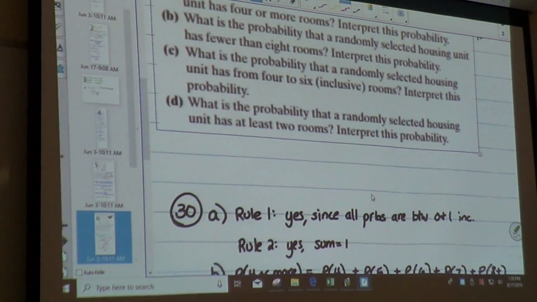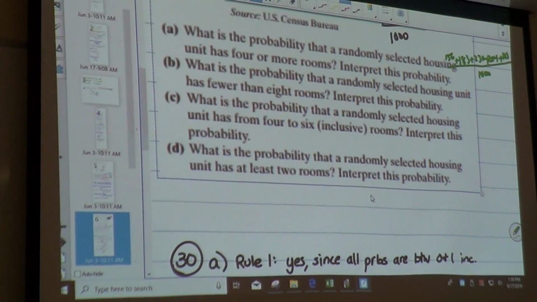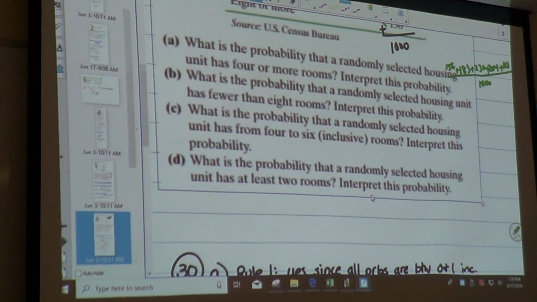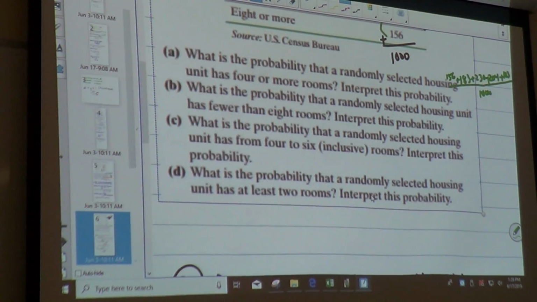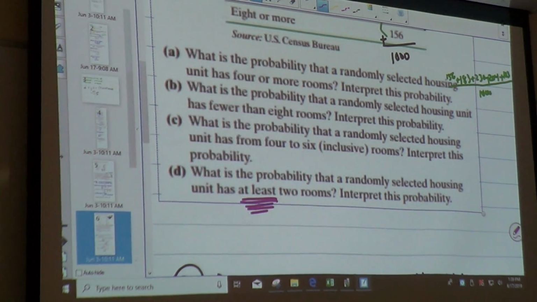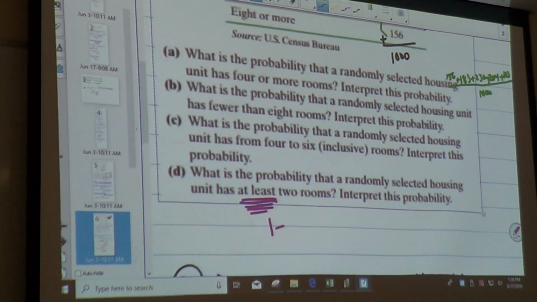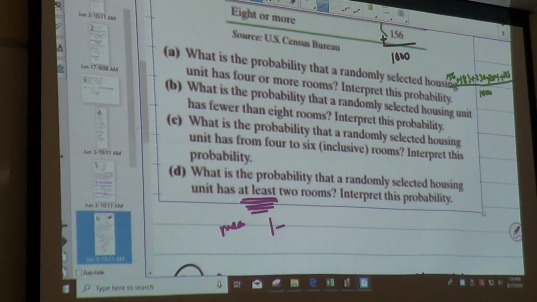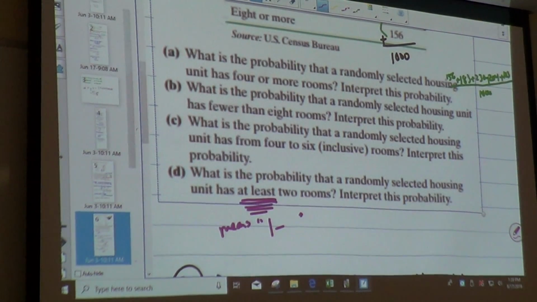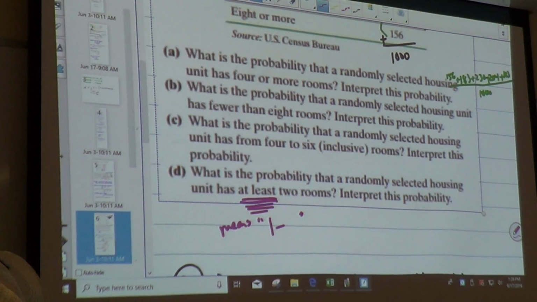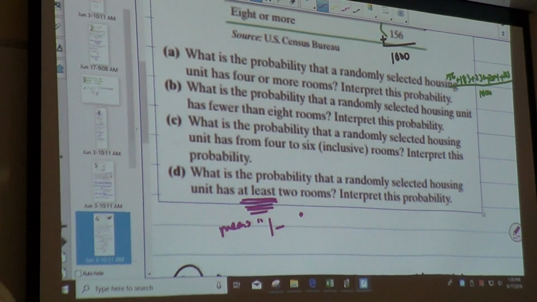All right, D. What is the probability that a randomly selected housing unit has at least? Now, y'all, anytime I hear at least, I do 1 minus. Anytime I hear at least, I do 1 minus.